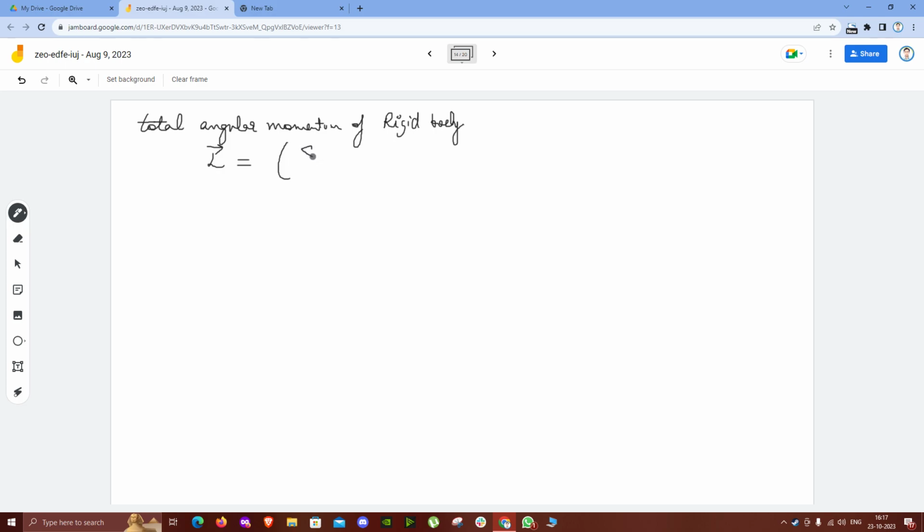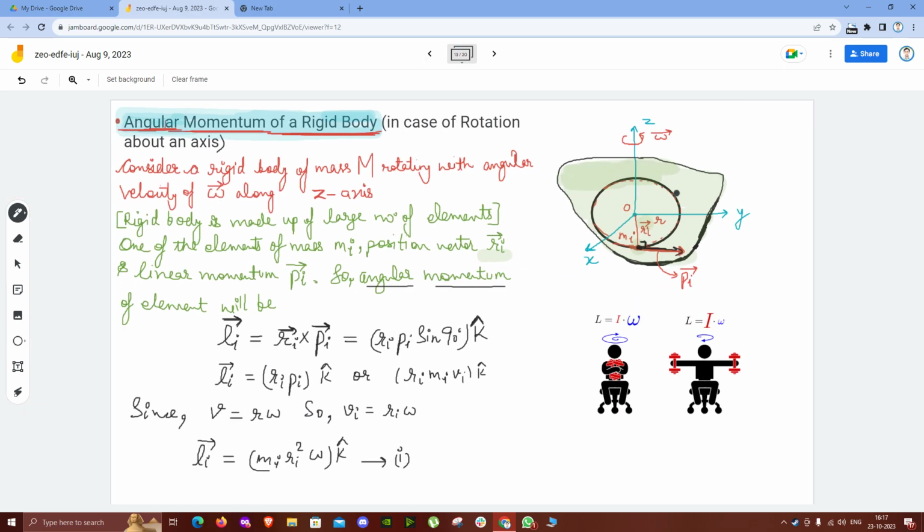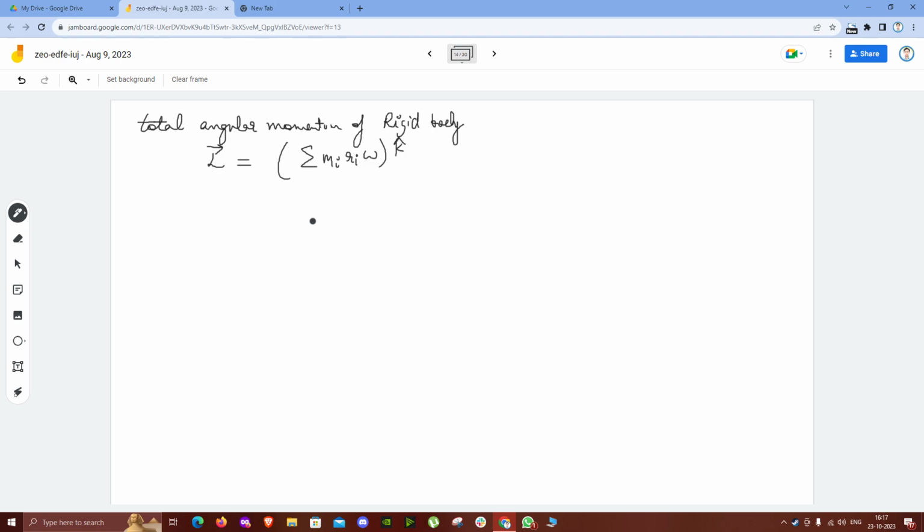So we can write it as summation mi ri square omega, and outside it will be the k cap, because for all the elements in the xy plane of the rigid body, their direction will be upward according to the right hand thumb rule. That's why the k cap. So omega and k cap we can take outside because they don't depend on the element. Omega is the same for all of them in the rigid body, so omega k cap, and inside it will be summation mi ri square.